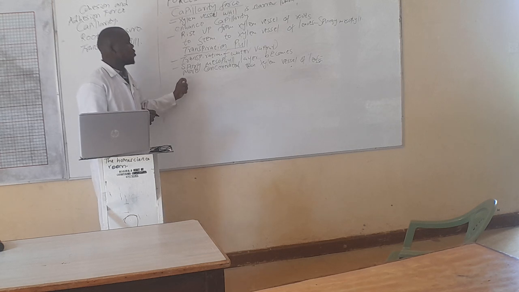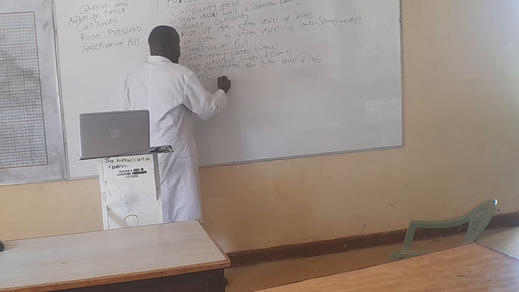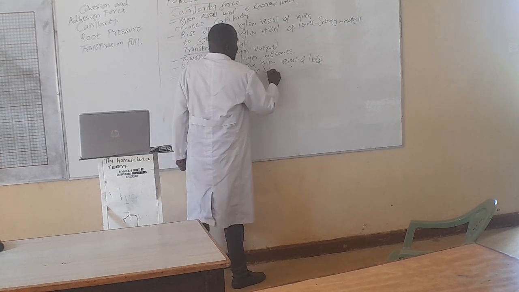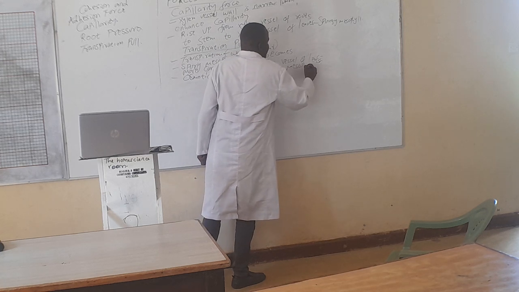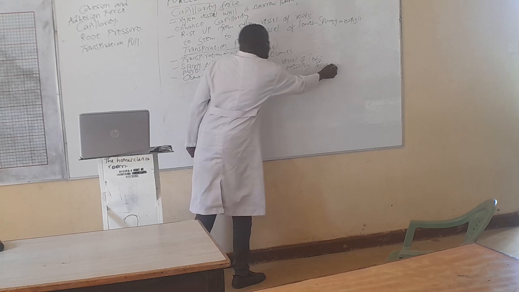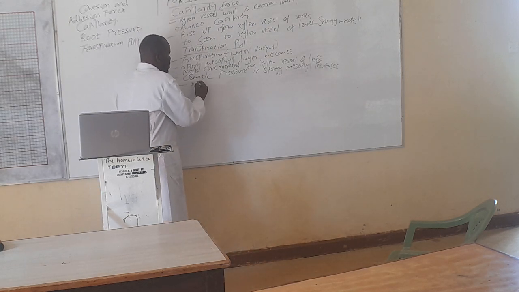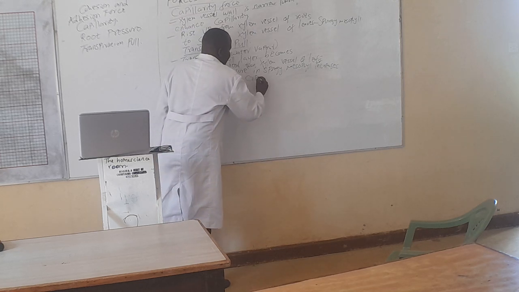Osmotic pressure in the spongy mesophyll increases. And because of this, there will be a force being created. Which force? Pull. The pull force is created.